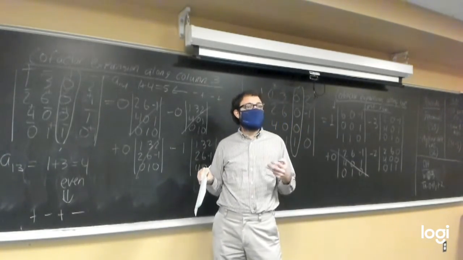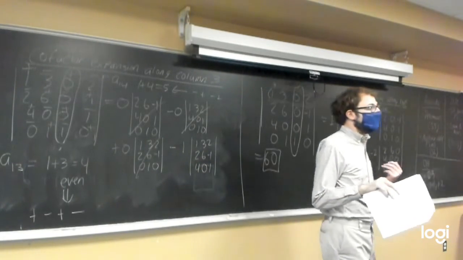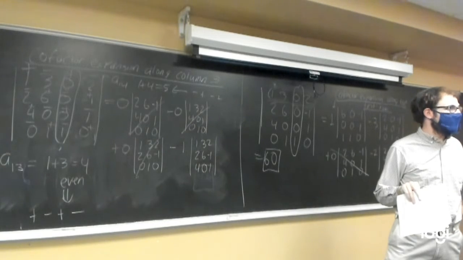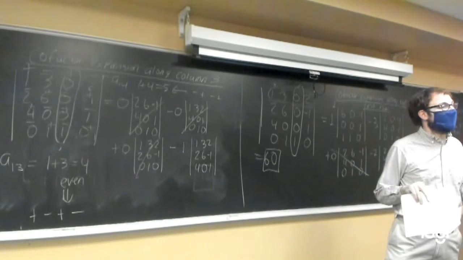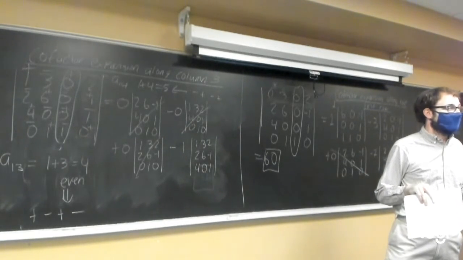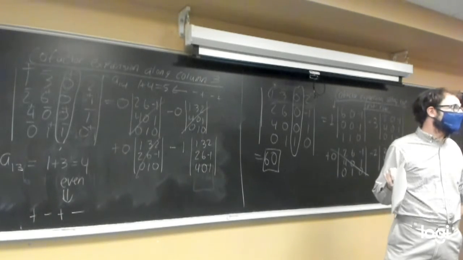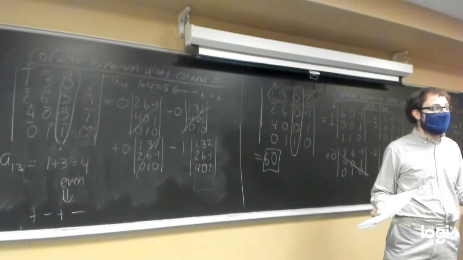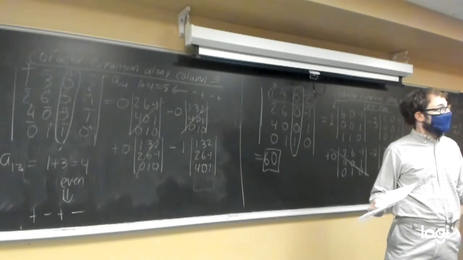And so the reason why it's nice to be able to expand like this on a row or column with a bunch of zeros is because then you end up being able to skip finding a lot of the determinants. Because you just end up with a nasty looking determinant, but we're multiplying it by 0. If we're multiplying it by 0, who cares?